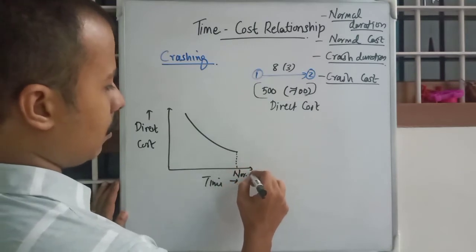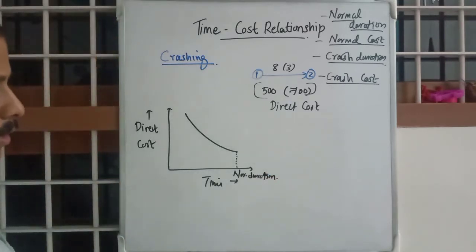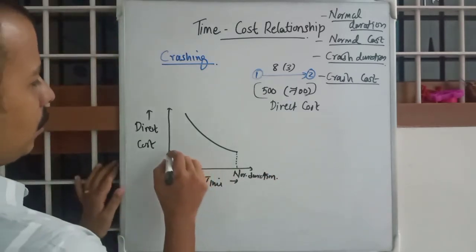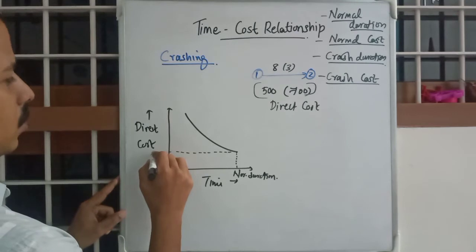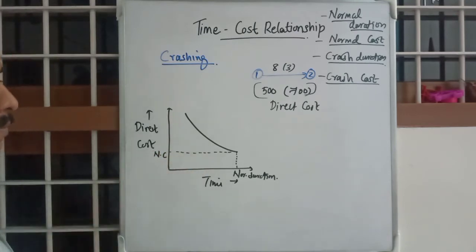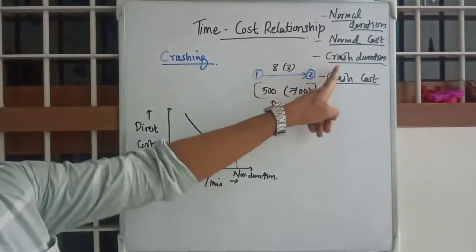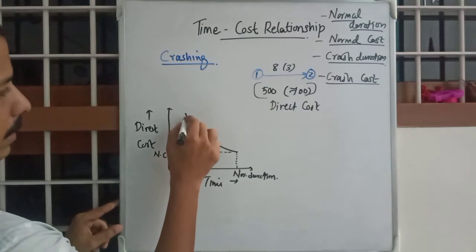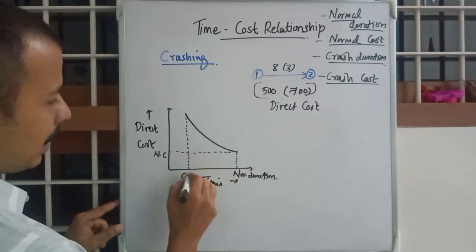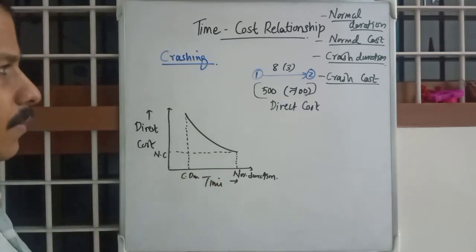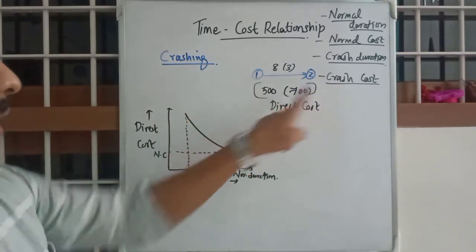The normal cost will be the corresponding y ordinate. That is the normal cost. What will be the crash duration? 3 days will be somewhere here, the crash duration, and obviously the 700 will be the highest direct cost, that is the crash cost.